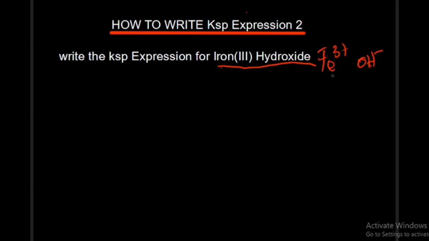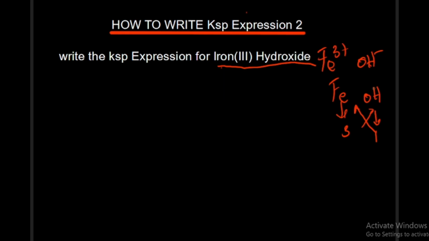Let me show you how to write the chemical formula. The iron ion is 3, and the OH ion is 1. The charges cross over: the 3 moves to the OH and the 1 moves to the Fe.